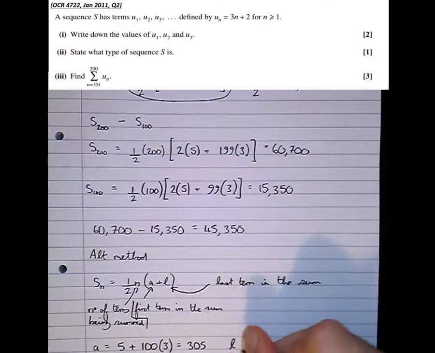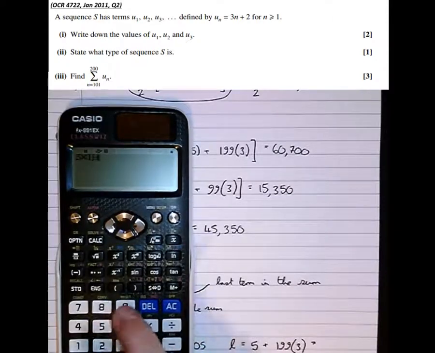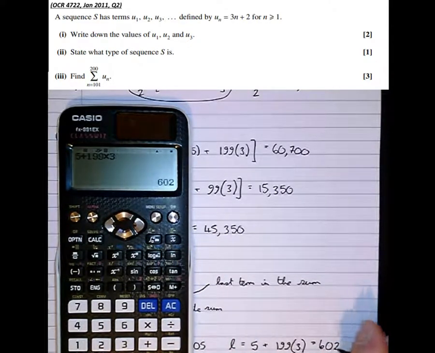The last term in the sum is the 200th term. 5 plus (n minus 1)d equals, so 5 plus 199 times 3, which is 602.